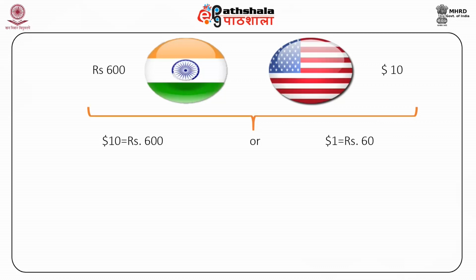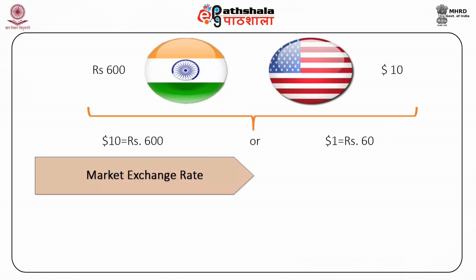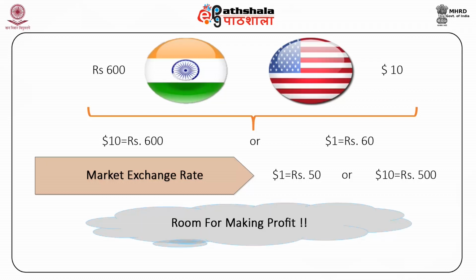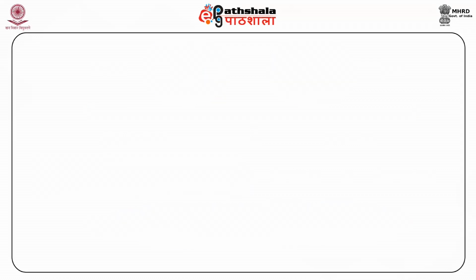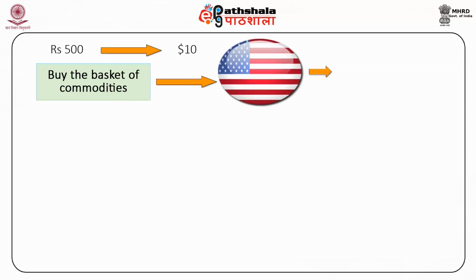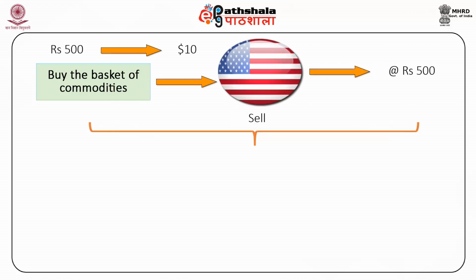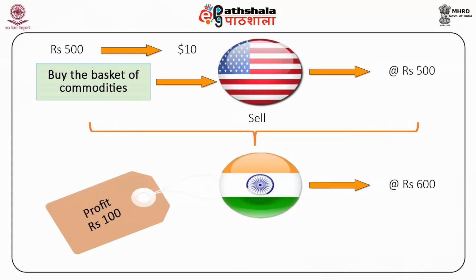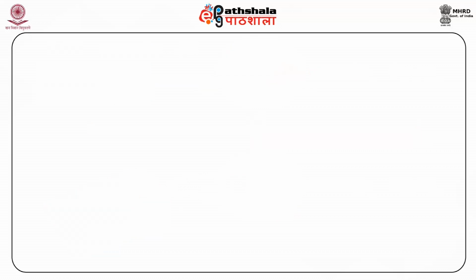Suppose instead the market exchange rate in such a case is $1 equals rupees 50, or $10 equals rupees 500, then this leaves room for making profits. One could exchange rupees 500 for $10 and buy the basket of commodities in the US at rupees 500 and sell it for rupees 600 in India, making a profit of rupees 100.